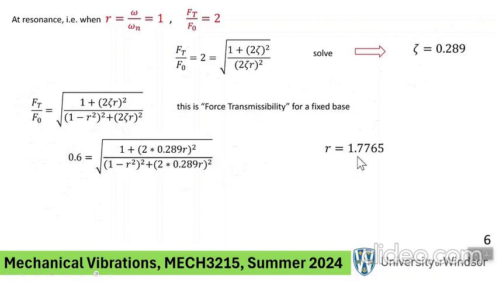Calculate r, you get that, but now r is omega over omega n, right? We know what omega is, 4 hertz. So for omega, write down 2 pi times 4, because this has to be radians per second. Omega generally is in radians per second. So 4 hertz is really not omega; it's the frequency which people usually denote by little f. But anyway, omega is 4 times 2 pi.